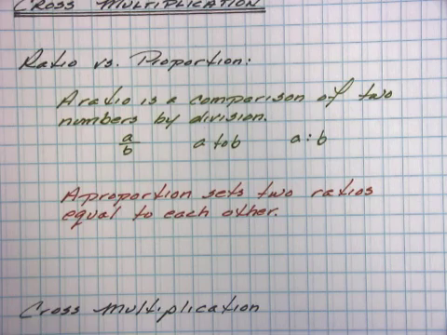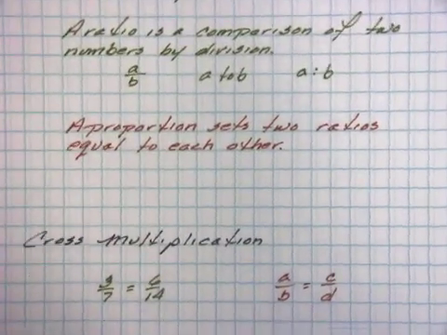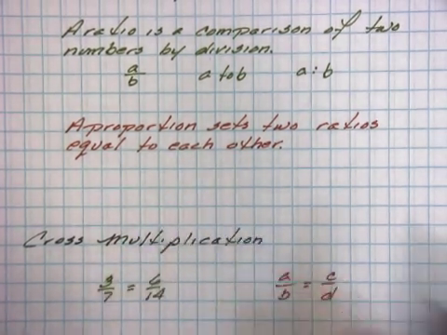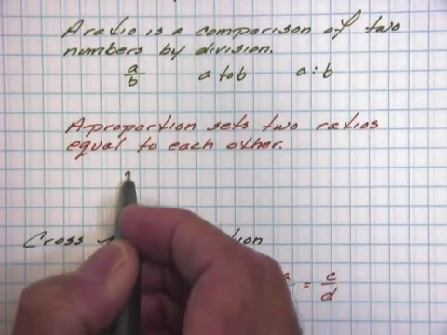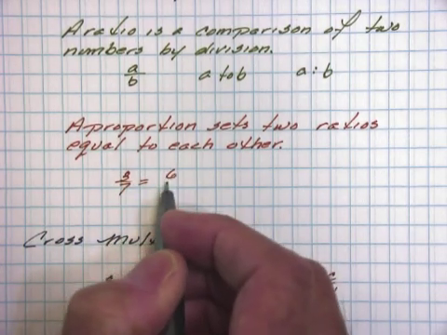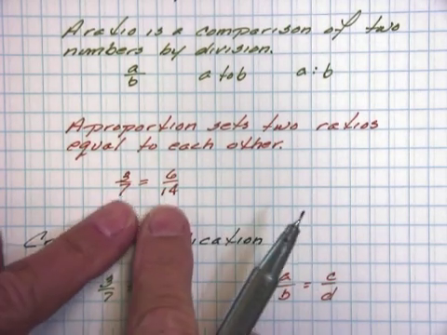Now, comparing that to a proportion is where you take two ratios and you set them equal to each other. So we could do 3 over 7 equals 6 over 14.